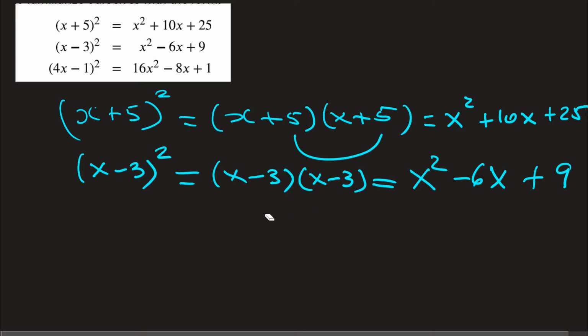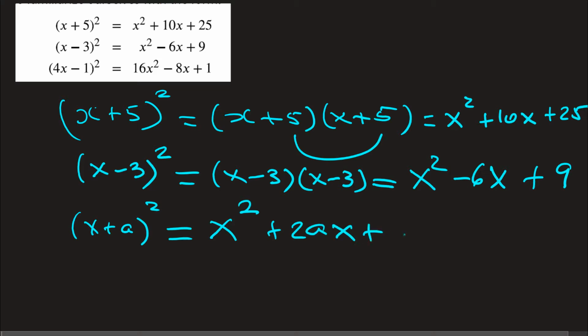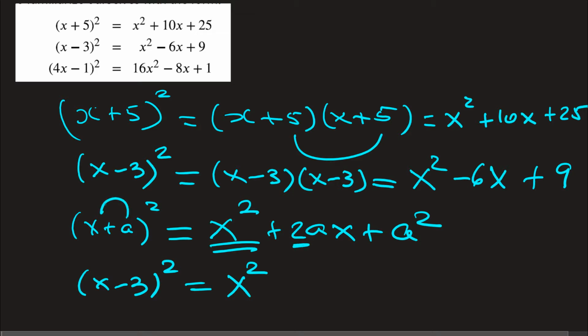But notice, this can be done using this formula, the binomial squared. This is a special product: the square of the first, plus the double of this multiplication, plus the square of the last.